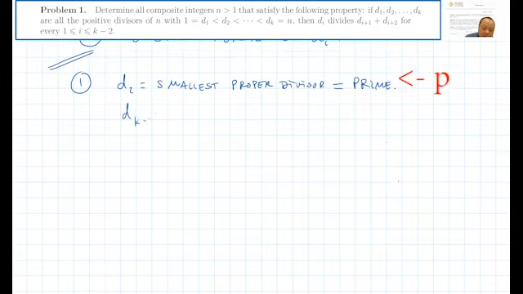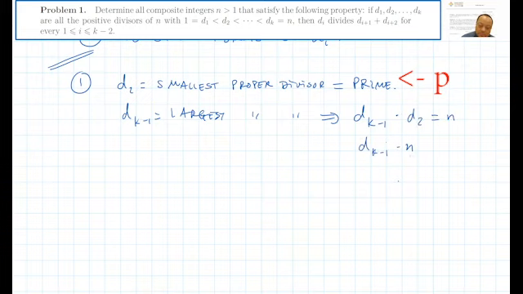And d_{k-1} is the largest proper divisor, and so d_{k-1} must be missing the d_2 factor. Now d_{k-2}.